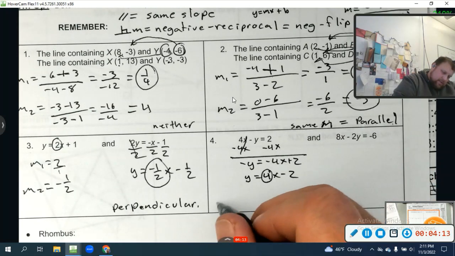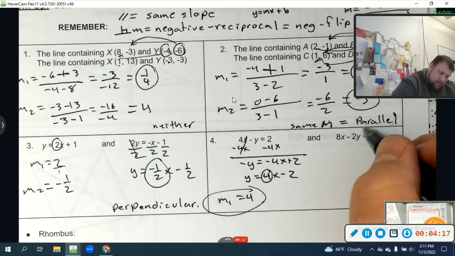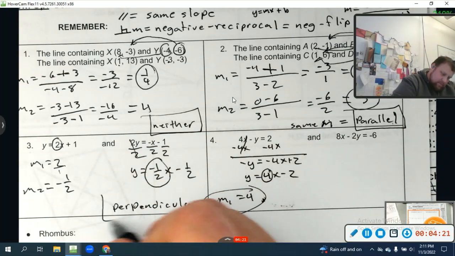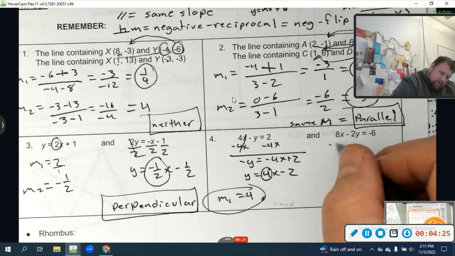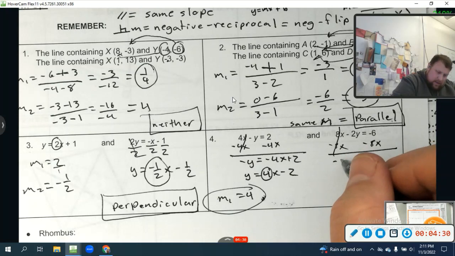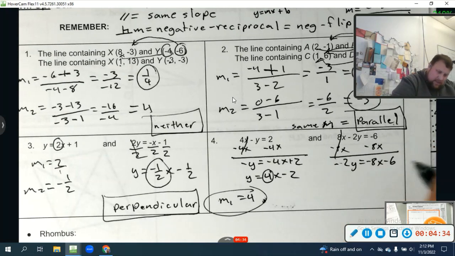And that's our m, so m1 equals 4. For m2, I'm going to subtract 8x. 2y equals negative 8x minus 6.